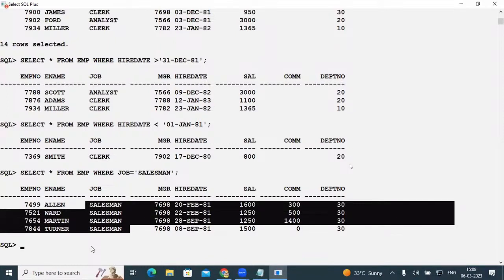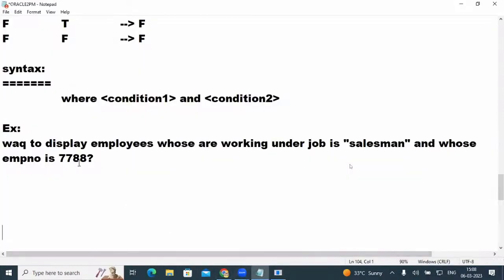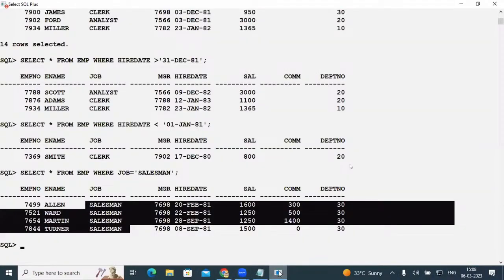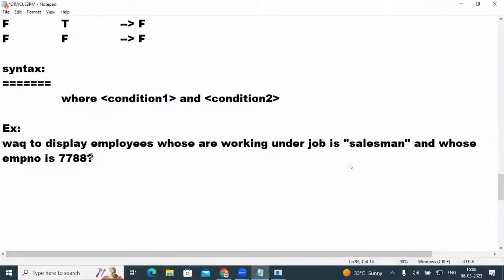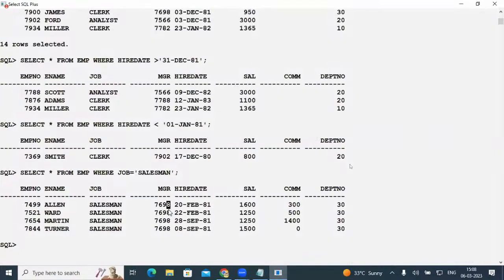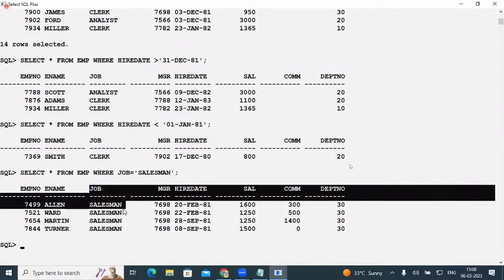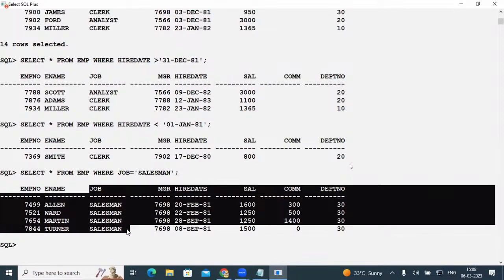The question I'm asking is whose number is 7788, which is not there, so take 7844, because that salesman number is not there. So when I use a single condition, where job is equal to salesman, almost all salesmen are displayed. How many salesmen are there? All of them come to us.